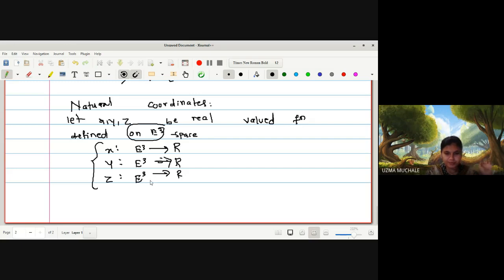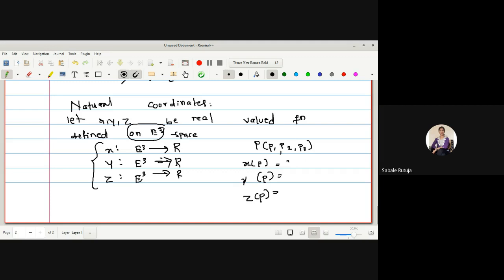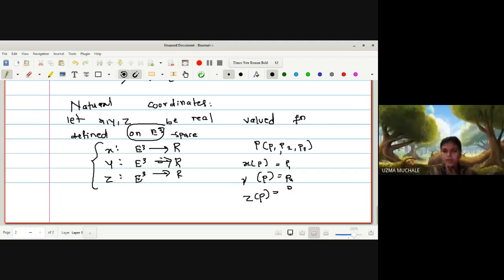Now suppose I have a point with coordinates P1, P2, P3. Then what will be the x coordinate of P, the y coordinate of P, and the z coordinate of P? P1, P2, P3. Yes, P1, P2 and P3.